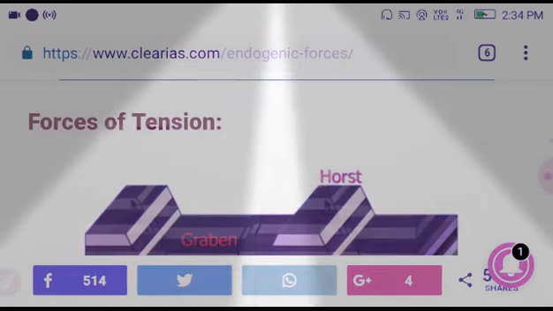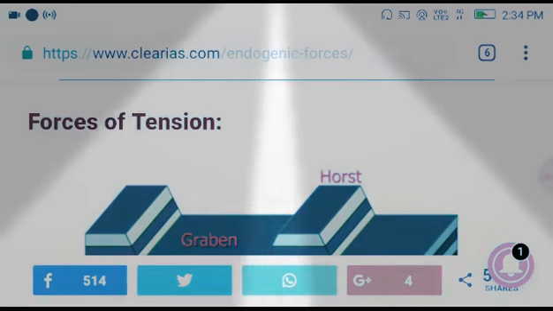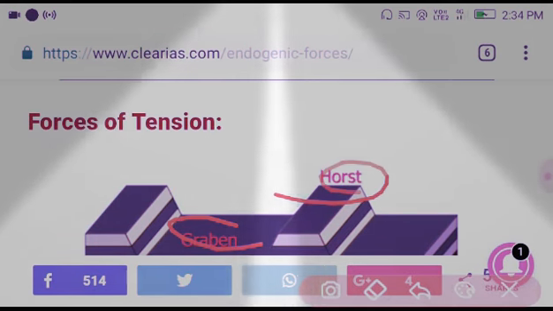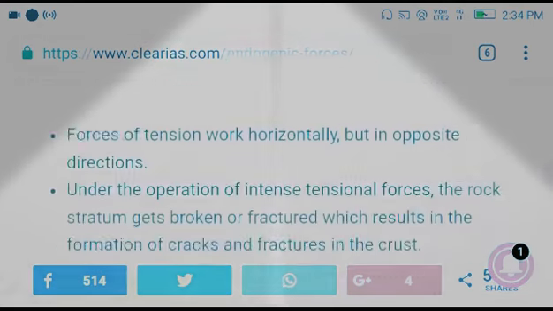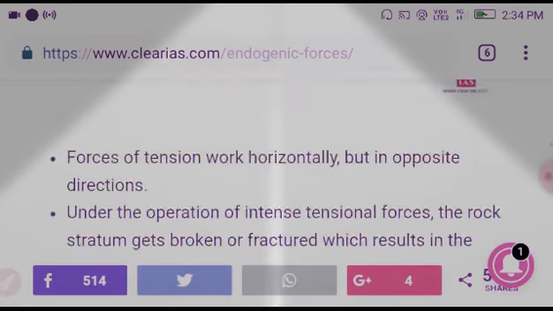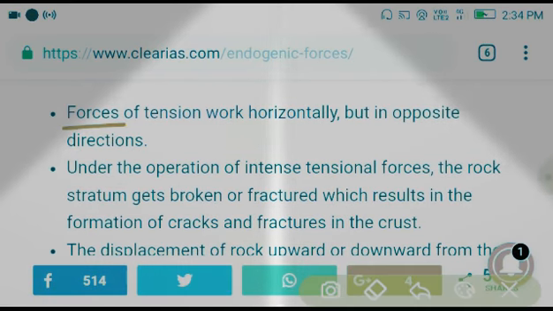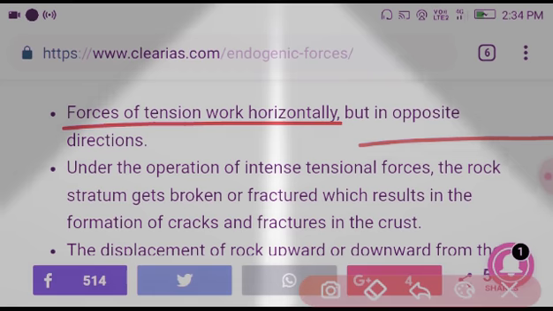And for the force of tension, here you can see the graben and the horst. Please remember, the horst is the upper portion and the graben is the lower portion. Forces of tension work horizontally but in opposite directions.